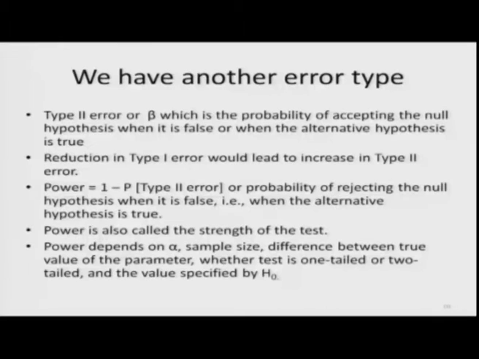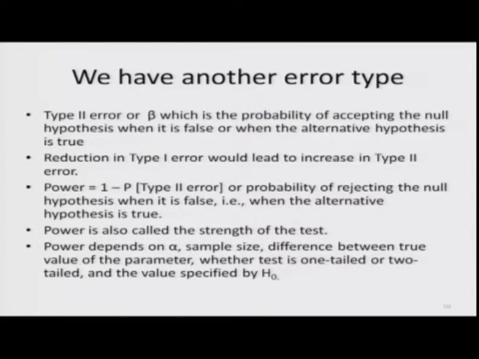Type 2 error or beta is the probability of accepting the null hypothesis when it is false or when the alternative hypothesis is true. Now, it can be shown graphically as well as mathematically that reduction in type 1 error would lead to increase in type 2 error. It is not possible to minimize both types of error simultaneously.